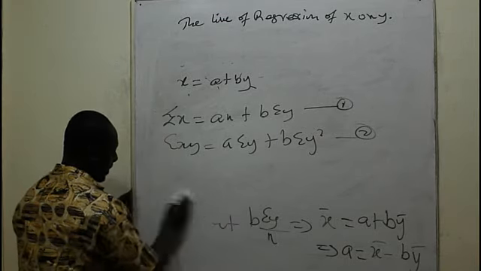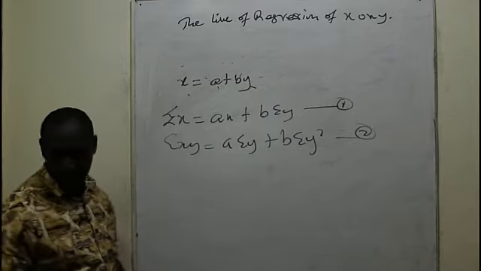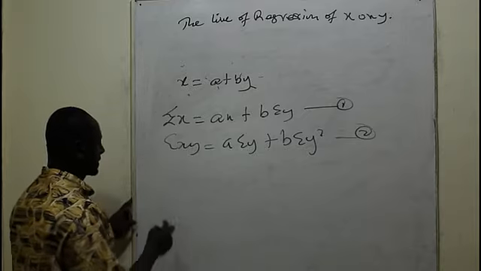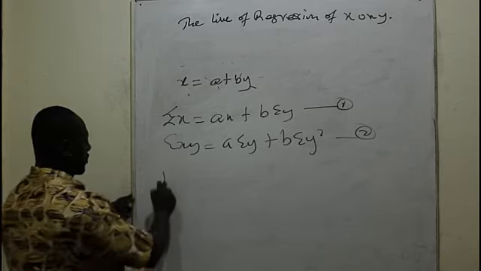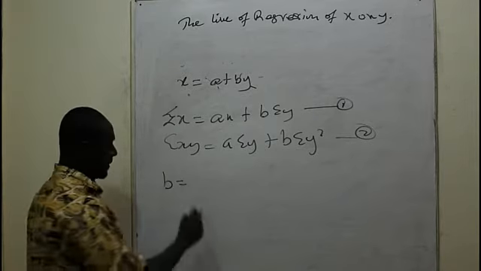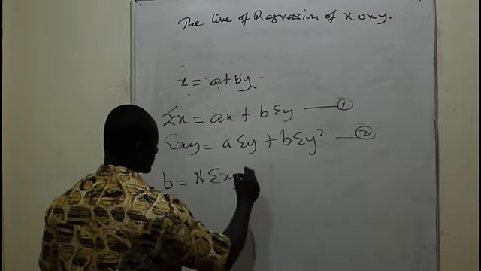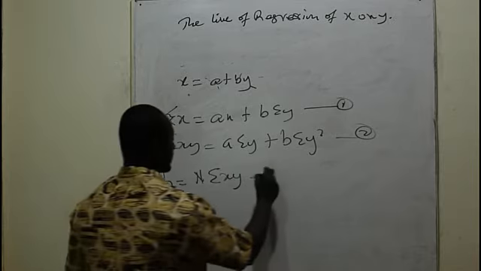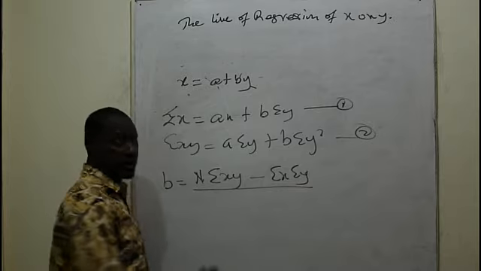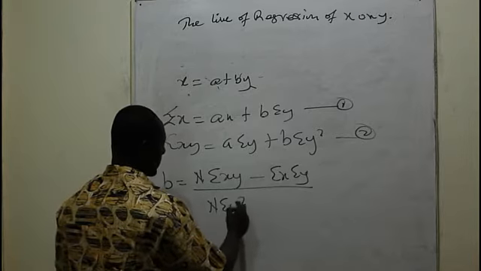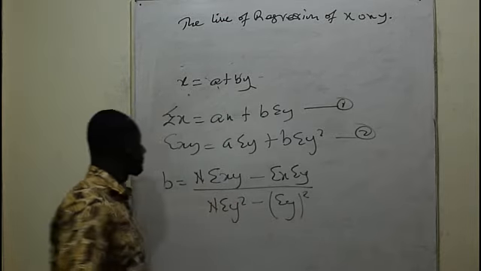And so we can also do manipulation there to get our b. In that sense, our b is also going to be equal to n times summation of xy minus summation of x times summation of y, all over n times summation of y squared minus summation of y, all squared.